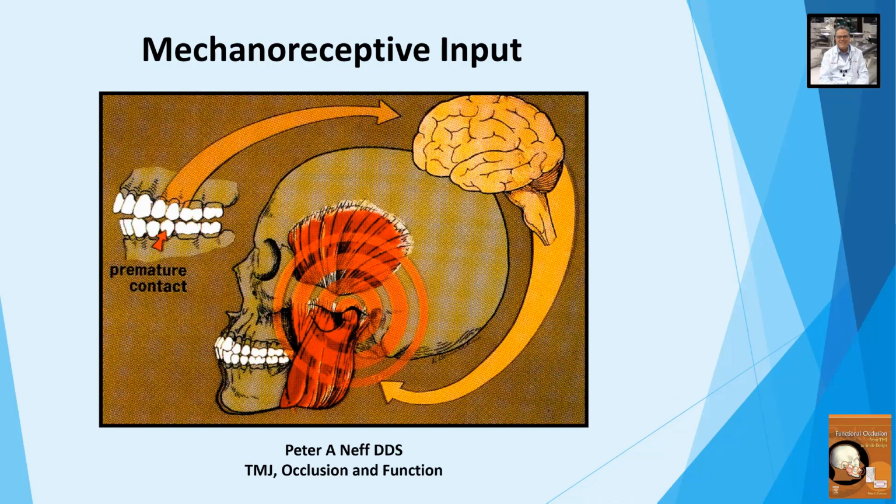The complexity of all these movements is controlled from a mechanoreceptive standpoint, with the periodontal ligament being a source of innervation. It travels up to the CNS, comes back to the muscles for the coordinated activity, and this is all subconscious and not something that we even realize is going on.